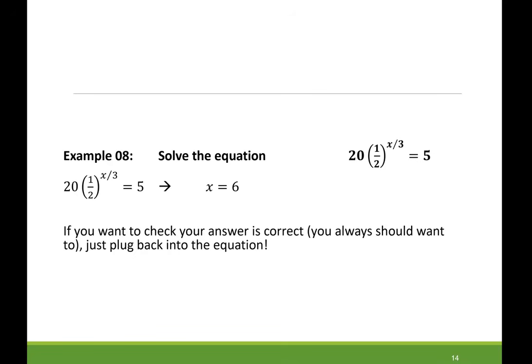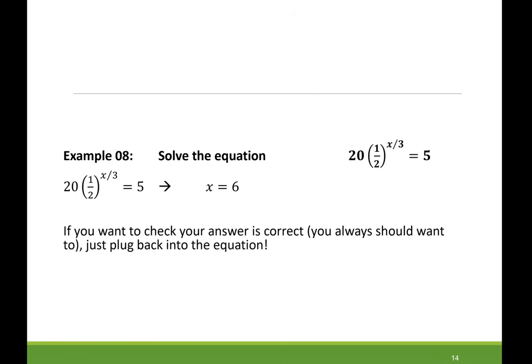So, as an aside, just keep in mind that anytime we solve an equation that's checkable, so you can check your answer to see if it's correct, is it required to check for an extraneous solution for solving an exponential equation? No. And the reason you know that is the domain for an exponential function is all real numbers.